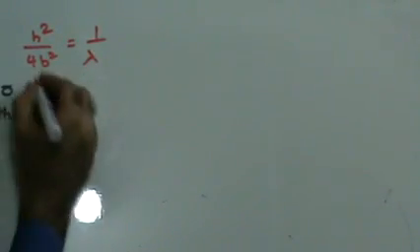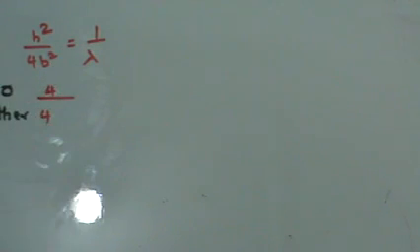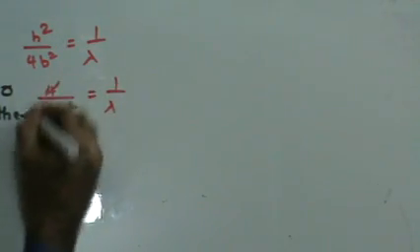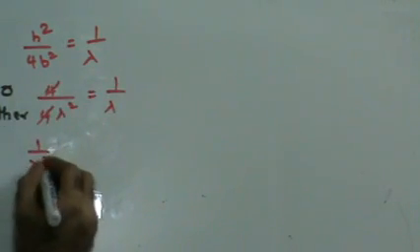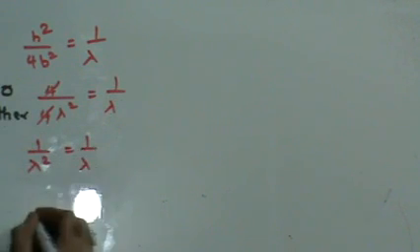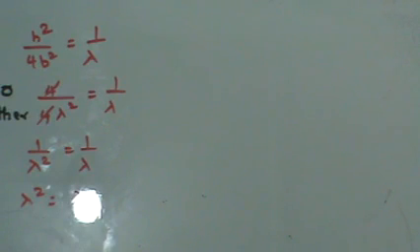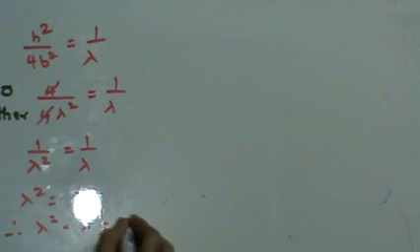So h square is going to be 4 upon 4b square. b is lambda, so lambda square is in the denominator: 1 upon lambda square is 1 upon lambda, as 4 and 4 get cancelled. Cross multiply, you will get lambda square is equal to lambda. Therefore lambda square minus lambda is 0. Lambda common, lambda into lambda minus 1 is 0.